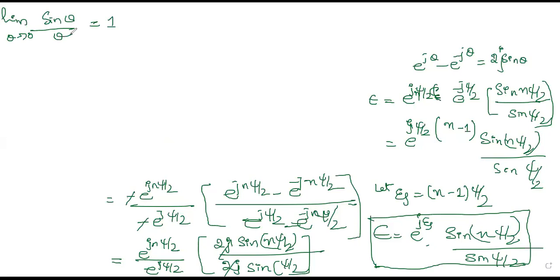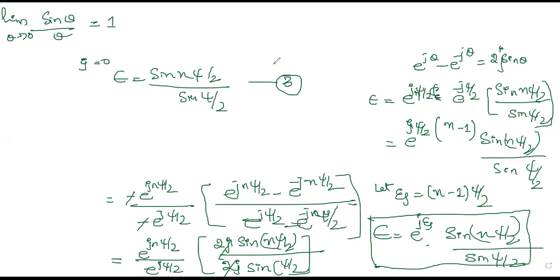So you know the limit generally says the theta value, if it is tending to 0, sine theta by theta, or sine x by x, x tending to 0, is taking the value as 1. So here to this equation, if we take the phase as 0, it will be E is equal to sine n psi by 2 divided by sine psi by 2, where we consider this as equation 3.